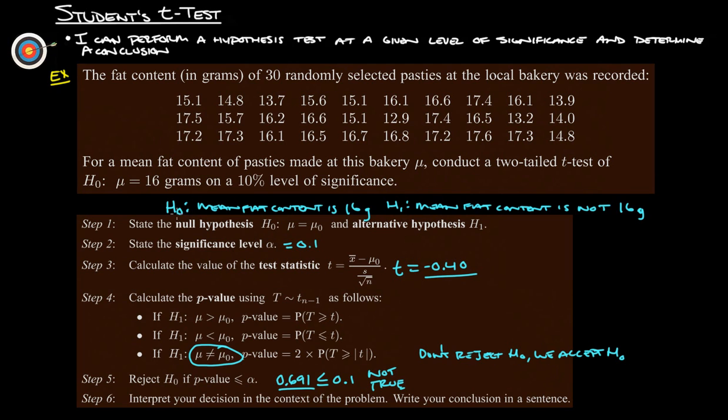And then back up here, H0 is our mean fat content is 16 grams, okay? So basically, we cannot conclude that the mean fat content is significantly different from 16 grams is basically what they're getting at. It's a weird way to state stuff, I know, but we accept H0. Okay.